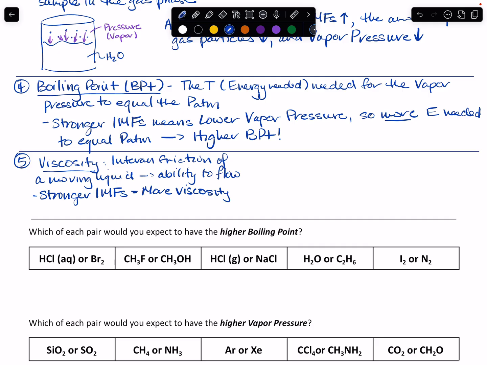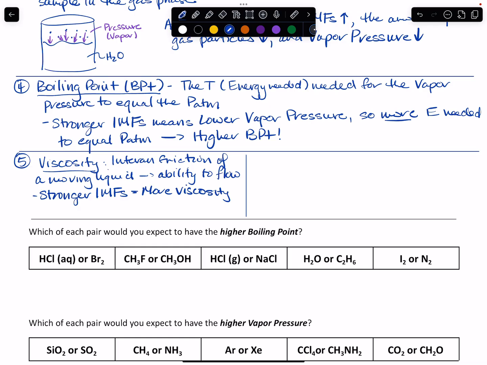That stuff wants to flow. If you have something else like a glucose solution, it's got a lot of hydrogen bonding capabilities on that molecule, so you're going to get a very viscous, syrupy, slow flowing, high viscosity sample. As the strength of the IMFs increases, those molecules want to stay together. They don't want to just flow all over the place. They want to stay where they are.